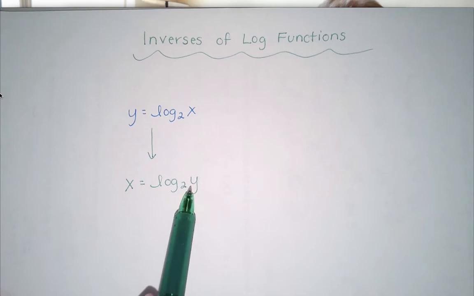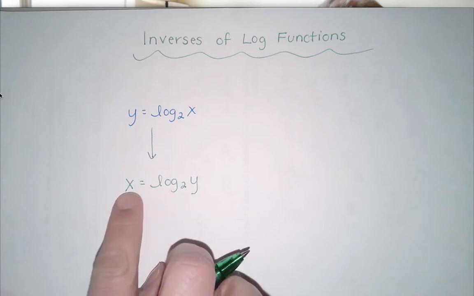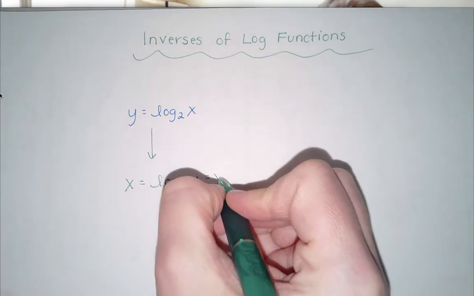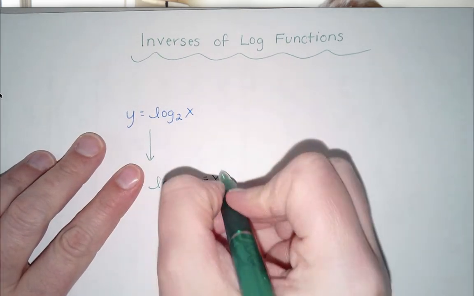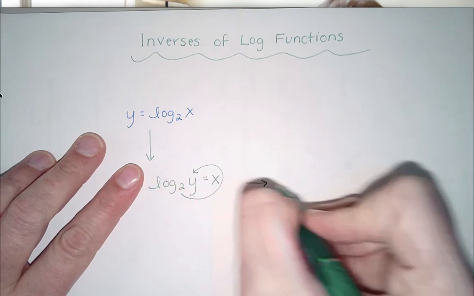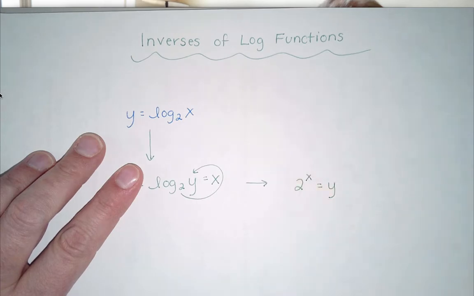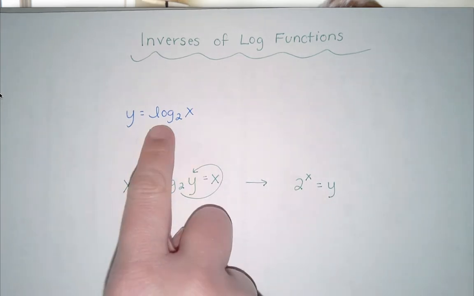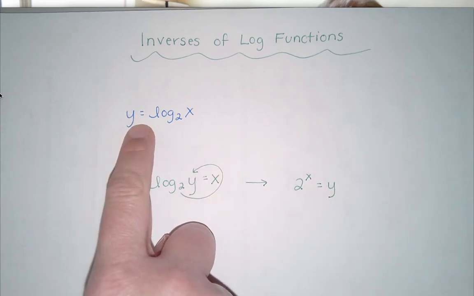So I'm going to take this and spin it, using the circle method we've been doing. It might throw you off a little that the x is over on this side, so you may want to think about it as being over here. If I cover this up and spin it around, I end up with 2 to the power of x equals y, or in other words, y equals 2^x. So this exponential function is the inverse of this log function.